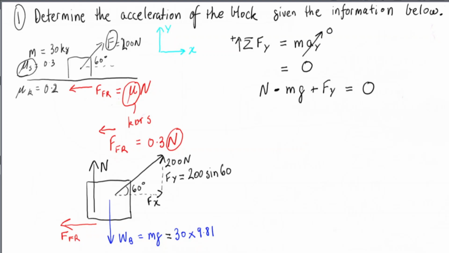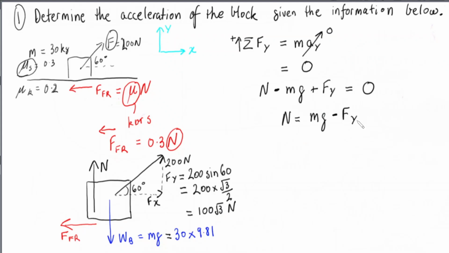So let me take everything to the other side. N is equal to mg minus Fy. And Fy is 200 times sine 60, which is just root 3 on 2. So we're going to have a force of 100 root 3 newtons.